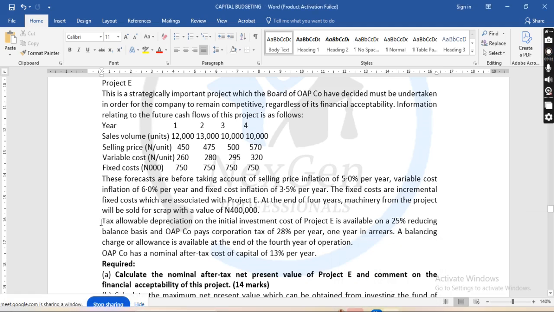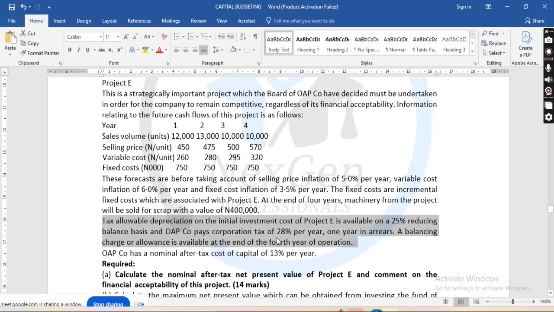Now, the tax allowable depreciation on this project is on reducing balance method, one year in arrears. A balancing charge or allowance is available at the end of the 4th year. Of course, yes, because there is a scrap value at the end of the period.